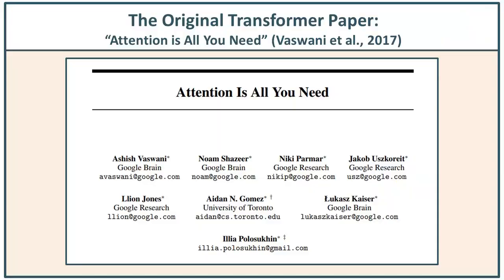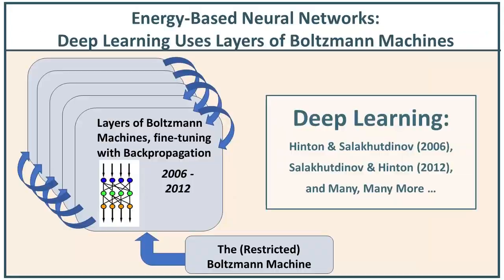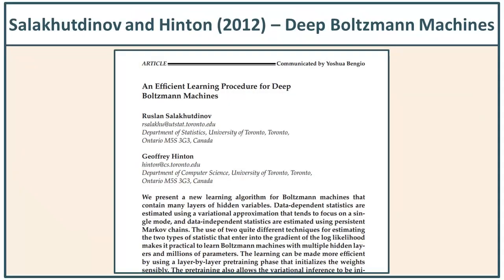Yet ever since, not just the introduction of transformers beginning in 2017 with Vaswani et al., but well before then, when Hinton did his breakthrough work, approximately 2006, Hinton and Salakhutdinov in their paper that introduced deep learning, and then of course 2012, Salakhutdinov and Hinton, a more comprehensive paper, and by that time there was widespread knowledge and adoption of deep learning models.